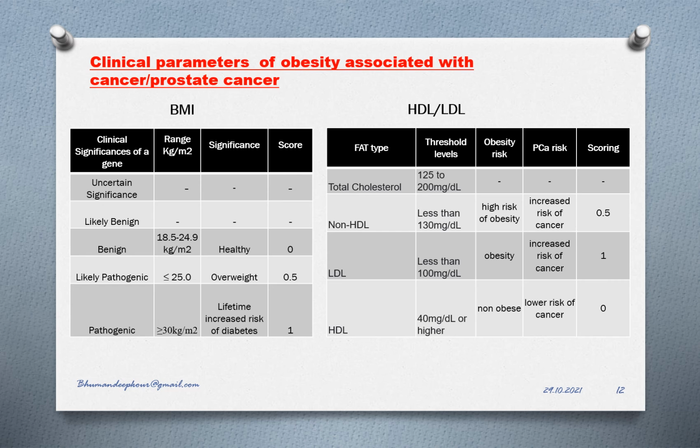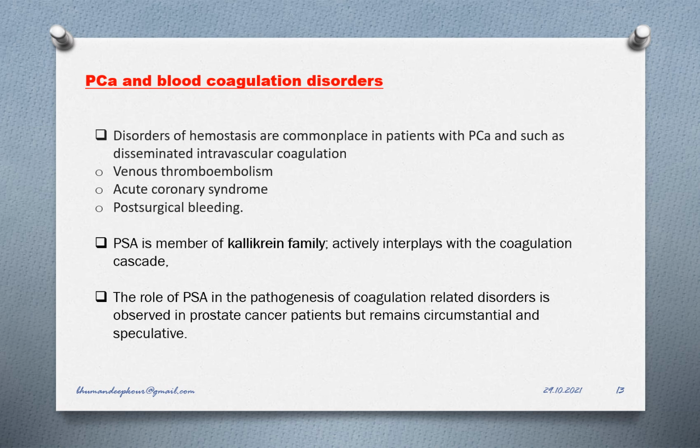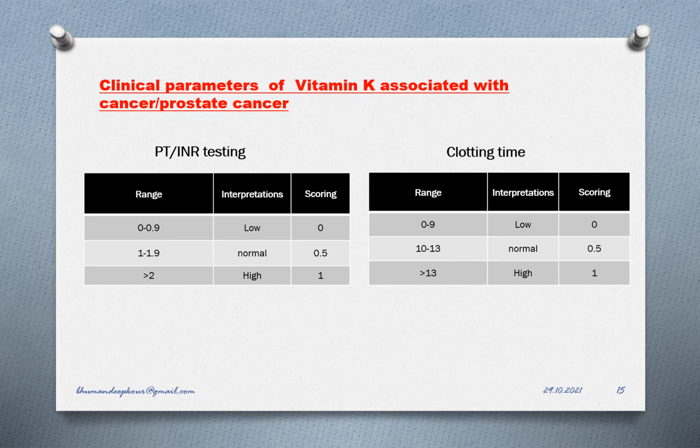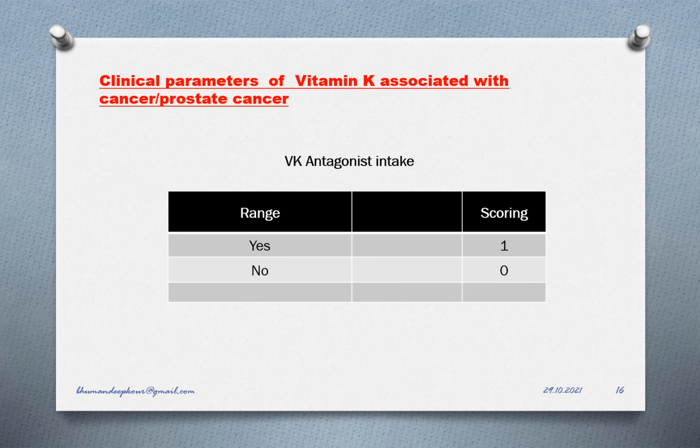Then for vitamin K, we have minor allele frequency, PT test, clotting time, and VK antagonist test. So here we have all the data for the risk stratification, for how we can develop the model based on lower to higher risk.